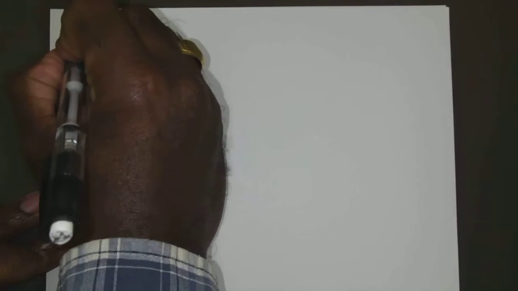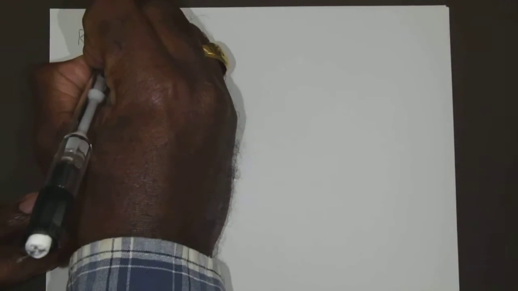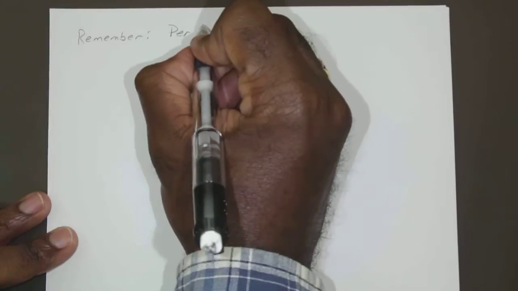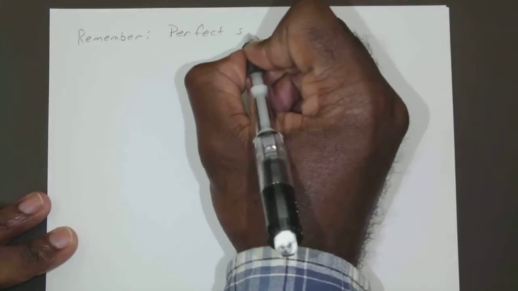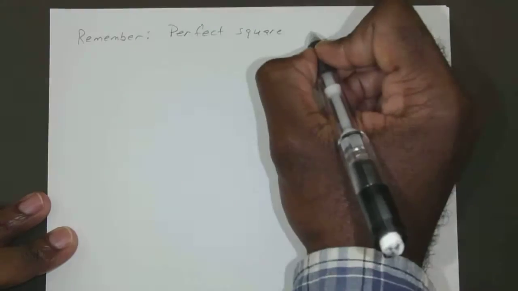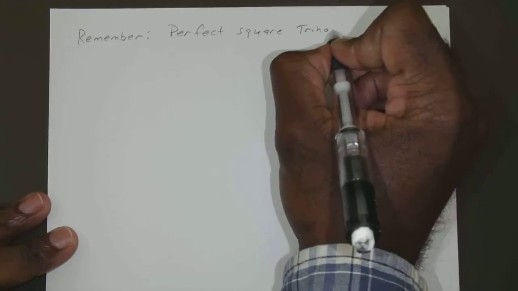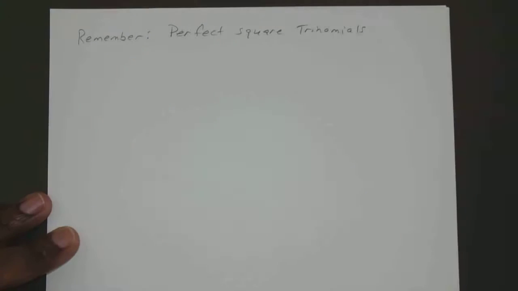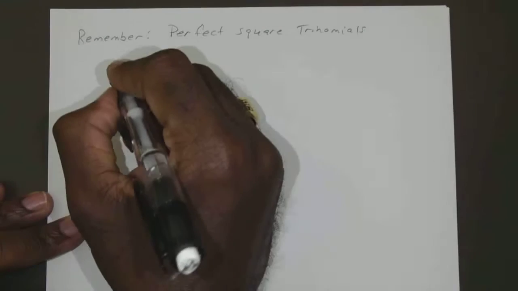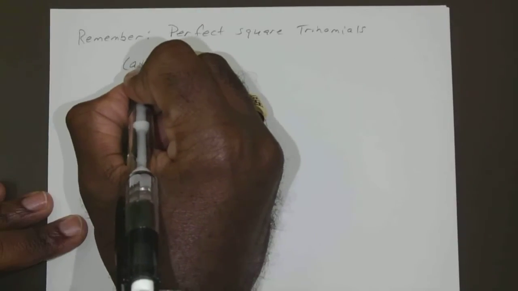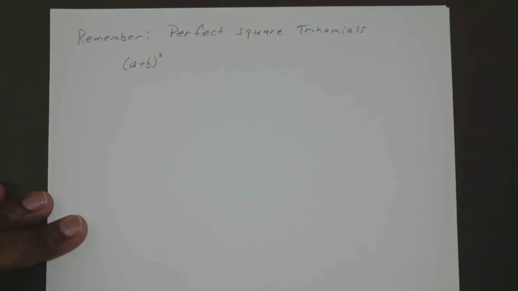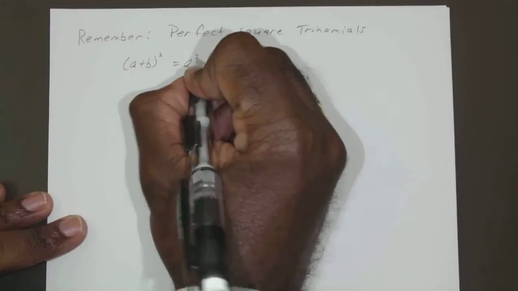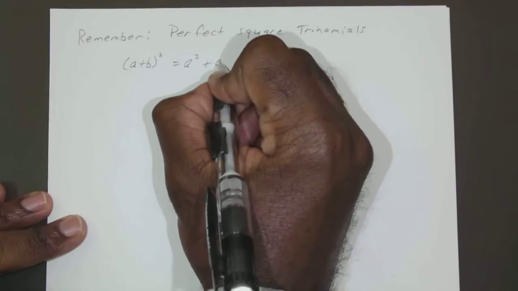Okay, so before we start the next example, remember the perfect square trinomials. Okay. Here you have (a plus b) squared is equal to a squared plus 2ab.